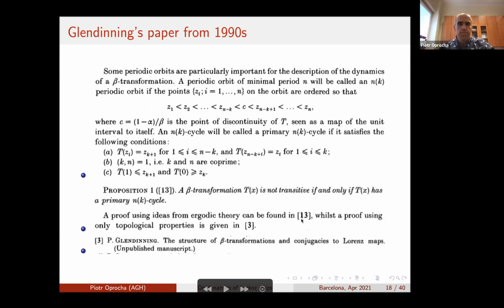Or look, this [13] is this thesis of Palmer, but in fact, this is not about transitivity. This is about ergodic theory. And it's stated differently. So this is not that tight a connection and not that easy to figure out if there really is a proof of that theorem or not.